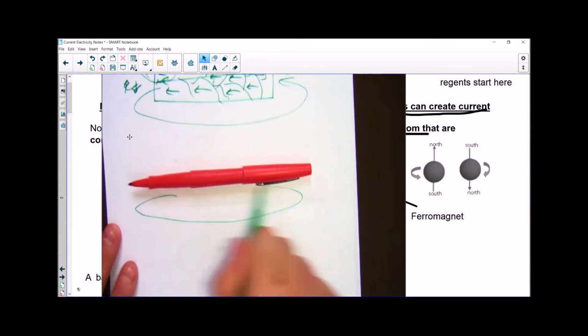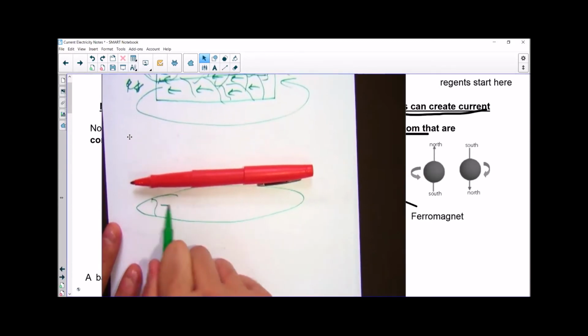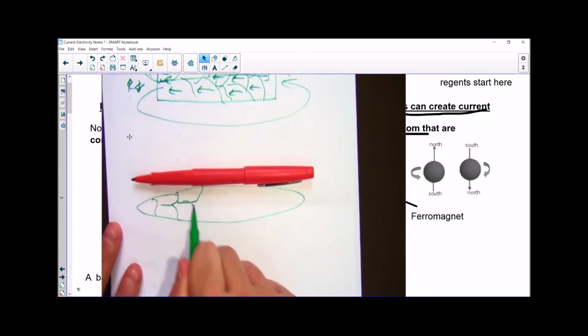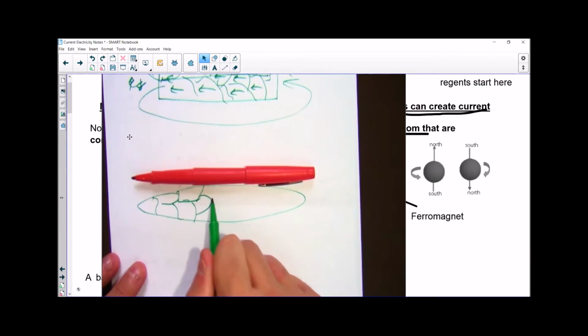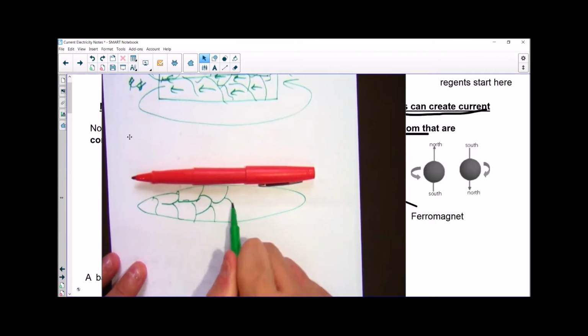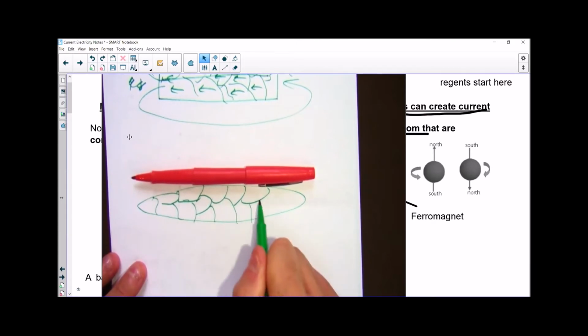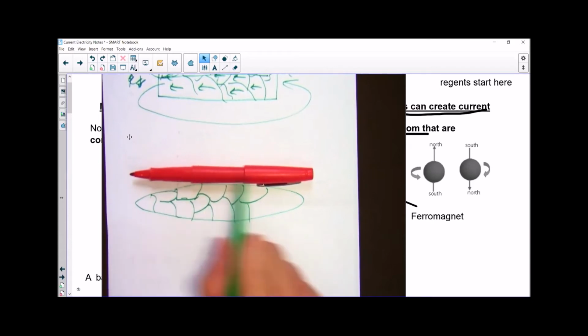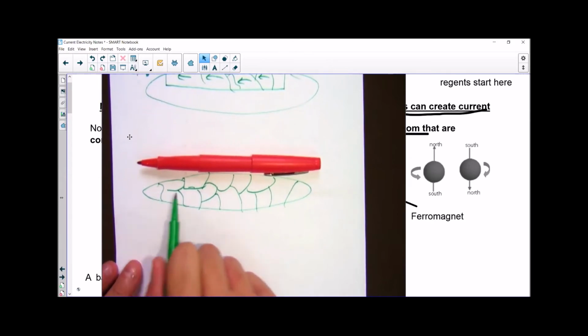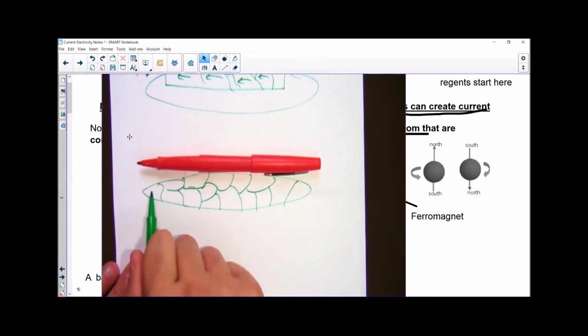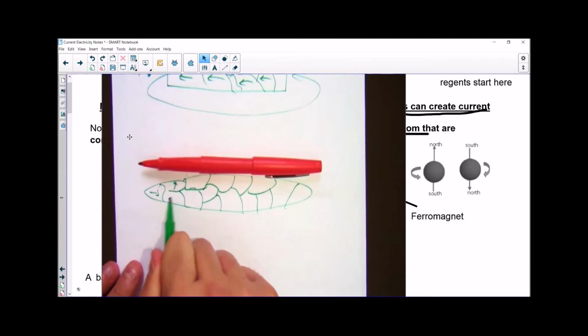Well, this pen is also made up of a bunch of atoms, so it has domains as well. Again, because it's made out of atoms which have electrons, these electrons are spinning. So you might say, well, because this thing has electrons, why doesn't it create a magnetic field? Well, if we were to look at the electron spin in this pen, we would see that the spin is all disoriented.